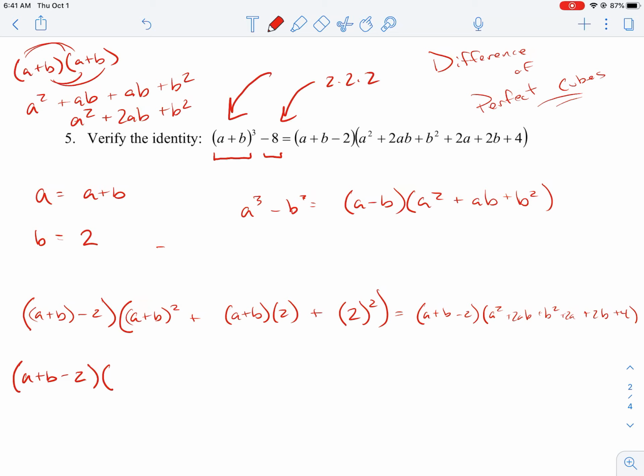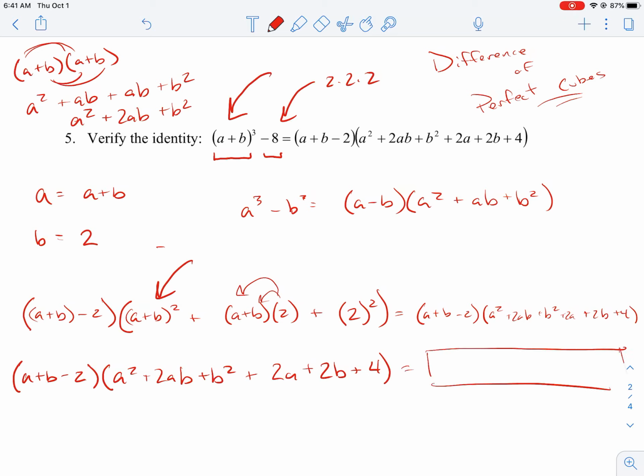That's what this piece is equal to when you square it out. I'm going to distribute this 2 into this set of parentheses, so I'm going to have 2a plus 2b. And finally, 2 squared is 4. I'm not going to rewrite all that on the right here again, because I'm going to run out of room. But I've just shown this left side is equal to the right side of that equation.